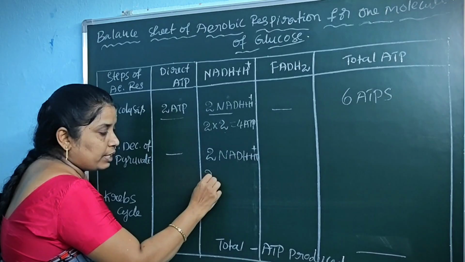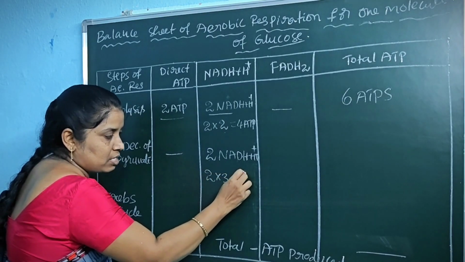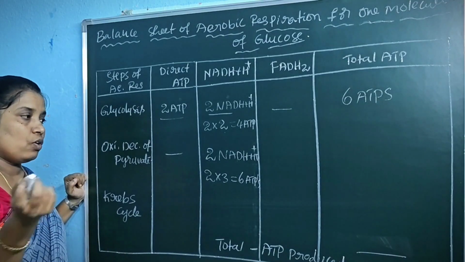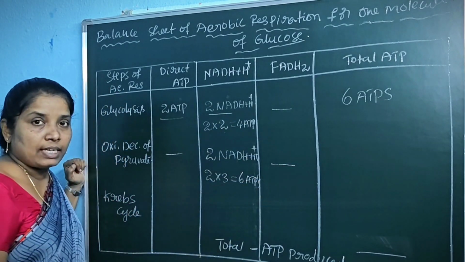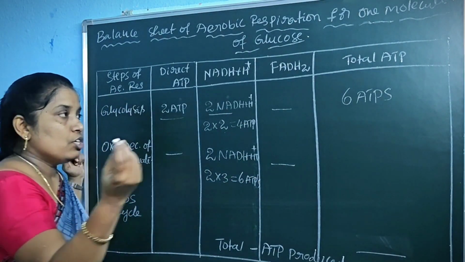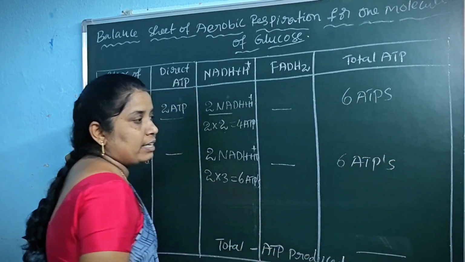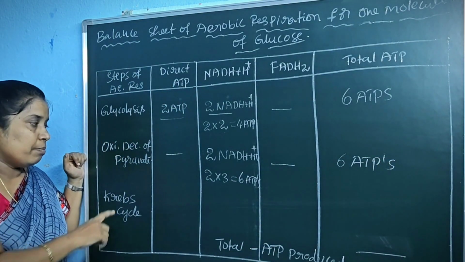So 2 into 3 ATPs is equal to 6 ATPs. There is no production of FADH2 in the oxidative decarboxylation. So a total of 6 ATPs are produced from the oxidative decarboxylation of pyruvate.